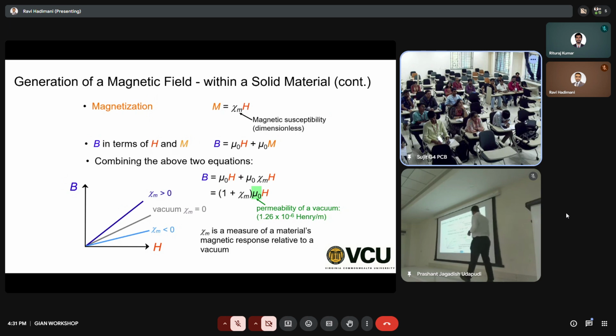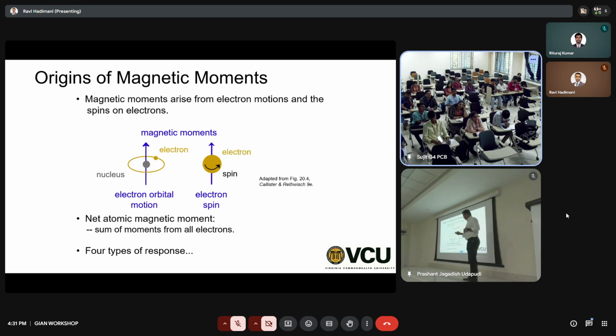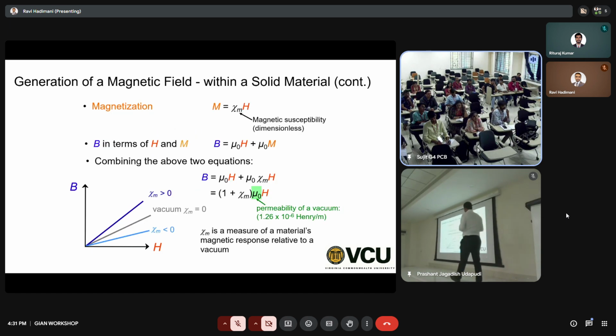Now we talked about how materials are magnetic, or how the magnetic field is generated, right? Charge in motion creates a magnetic field. That means every material should have a magnetic field, right?